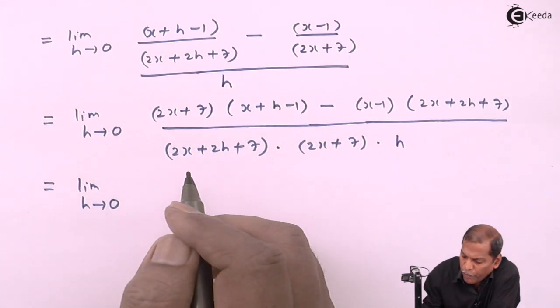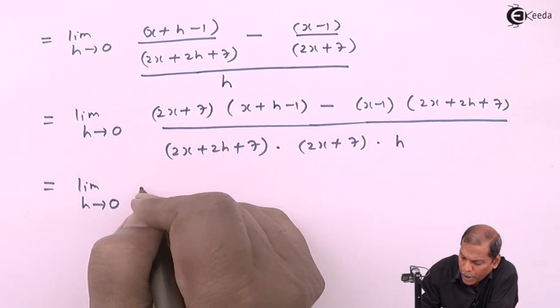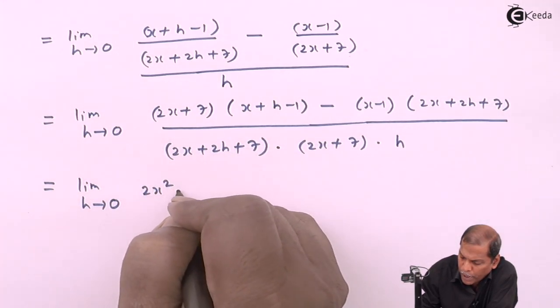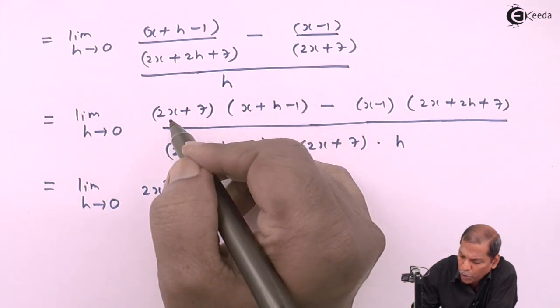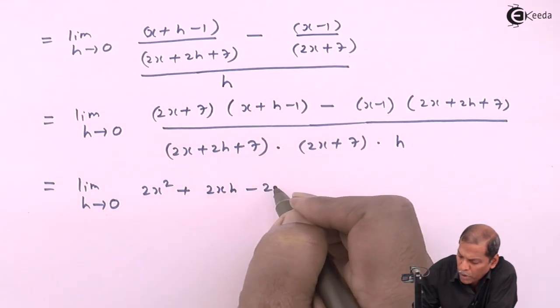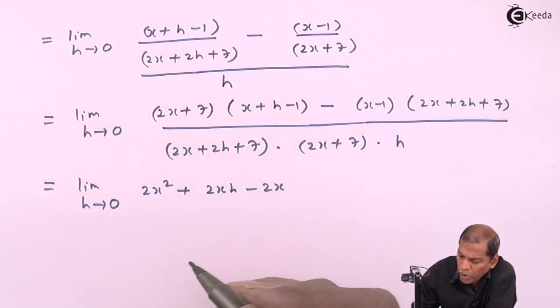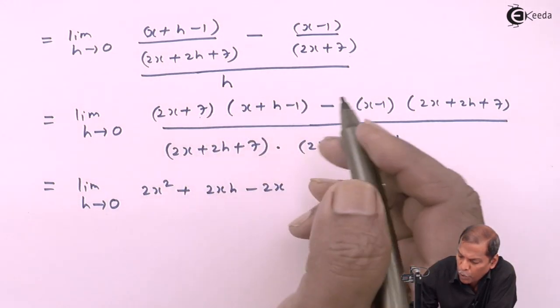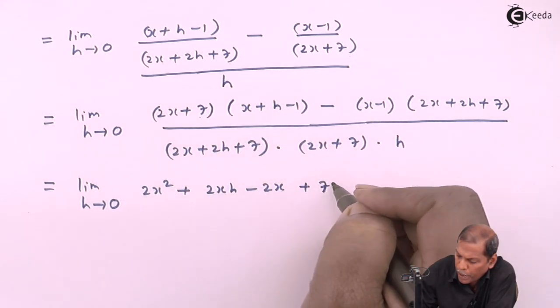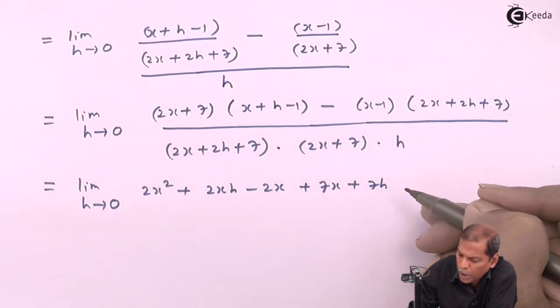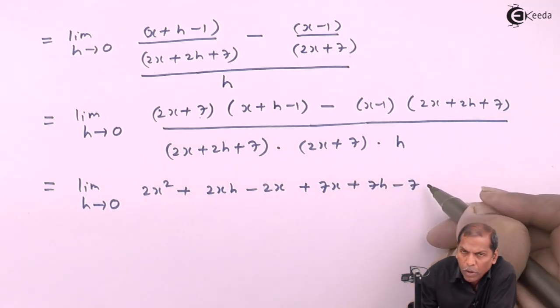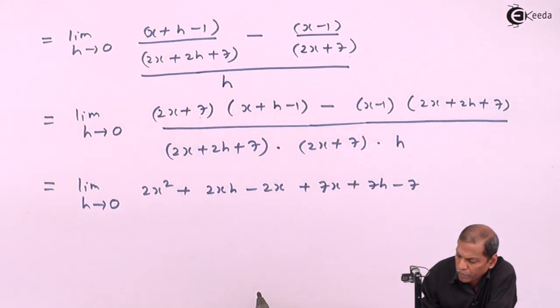So on simplifying we get 2x into x, that is 2x², plus 2x into h, 2xh, 2x into minus 1, minus 2x. Now 7 into x, plus 7x, 7 into h, plus 7h, 7 into minus 1, that is minus 7.